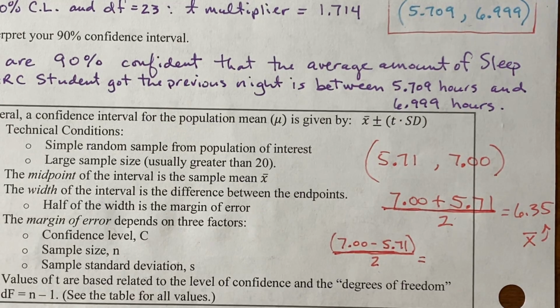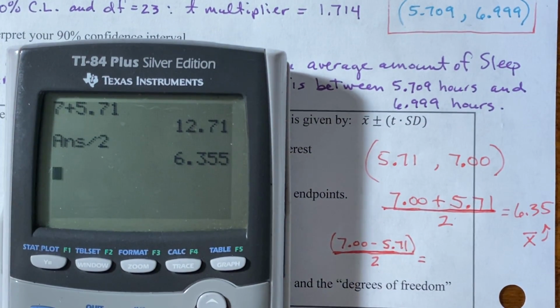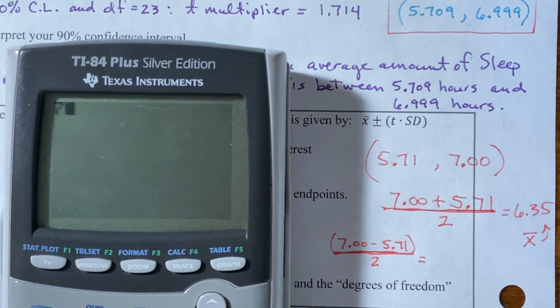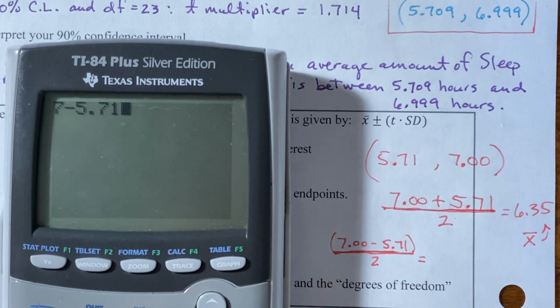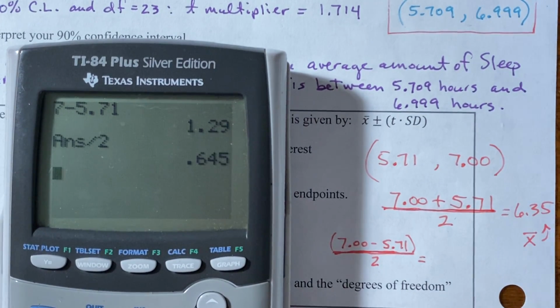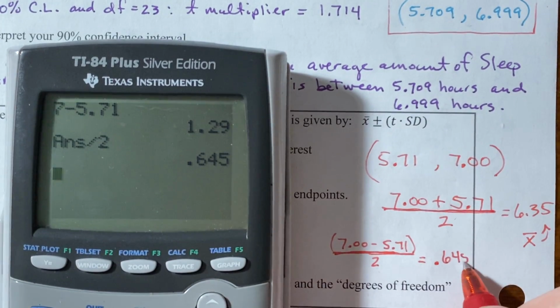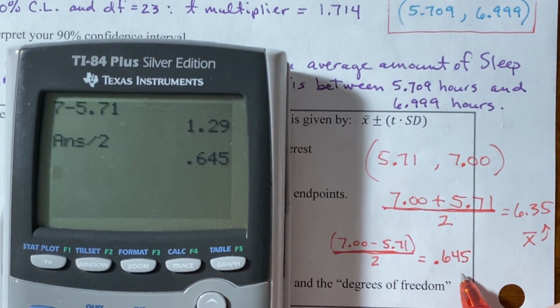So let's once again get the trusty little calculator here, find the difference this time. 7 minus 5.71. And then I divide that by 2. Take half of that width, 0.645, sorry. That is the margin of error.